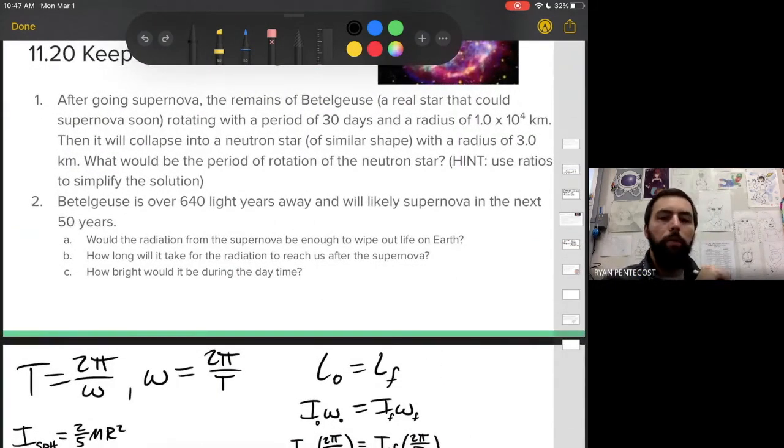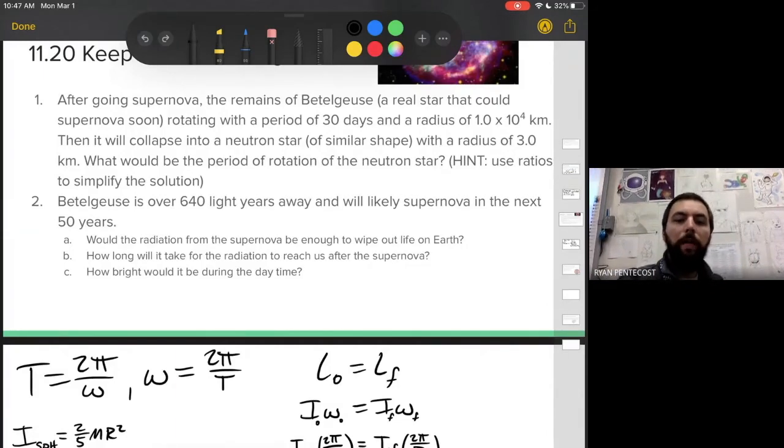Now, number 2, this is more discussion. Betelgeuse is over 640 light years away and will likely supernova in the next 50 years if it hasn't already. Would the radiation from the supernova be enough to wipe out life on Earth? There is that concern that if a star supernovas near our solar system, it can release gamma radiation, possibly a gamma ray burst, that could destroy all life on Earth.